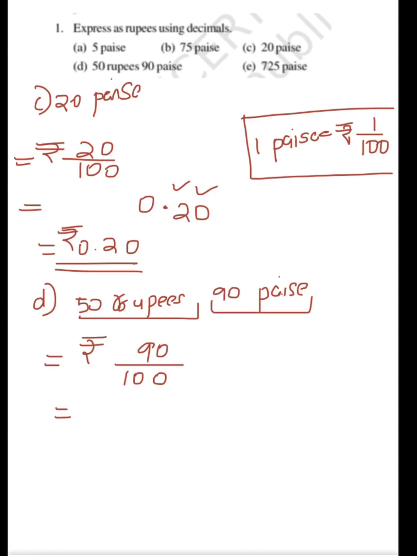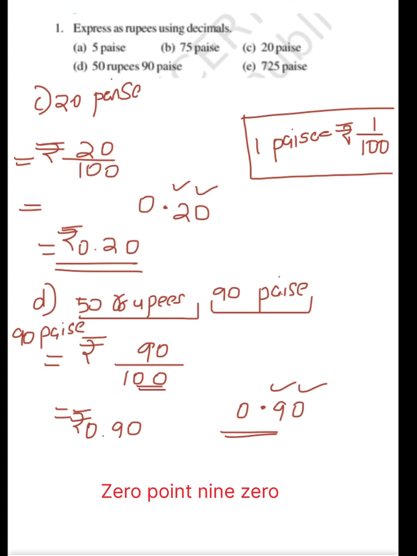So what is 90 by 100? Two zeros, so 1, 2. Here you will put the decimal point. So the answer will be rupees 0.90. That means 90 paise will be equal to rupees 0.90.